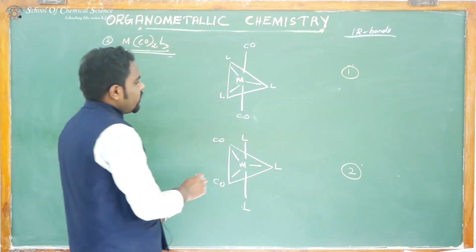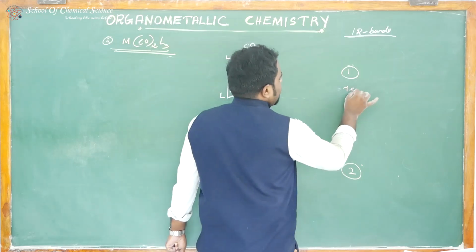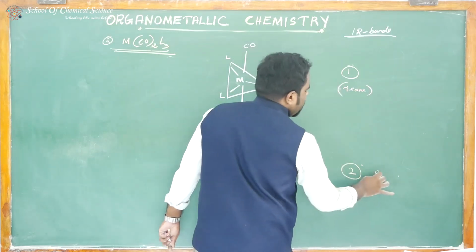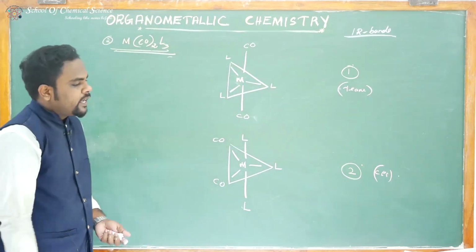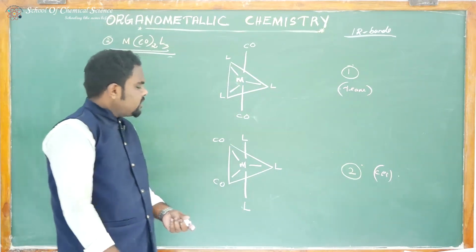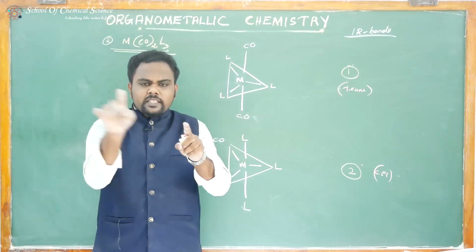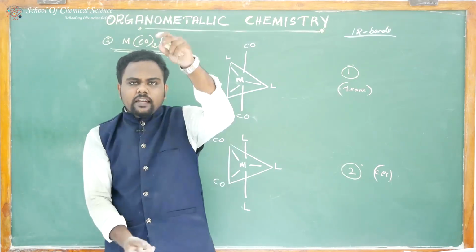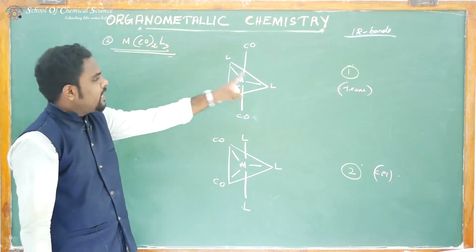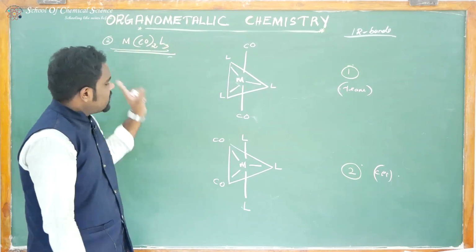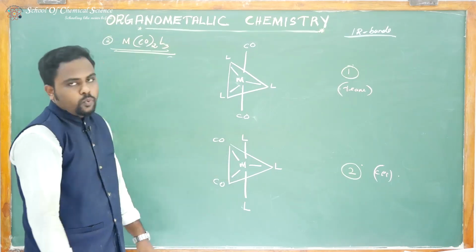Or you can say for trans 1 and for cis 2. Cis always means a bend arrangement. Linear arrangement is a trans arrangement. So for trans MCO2L3, 1, and for cis MCO2L3, 2.